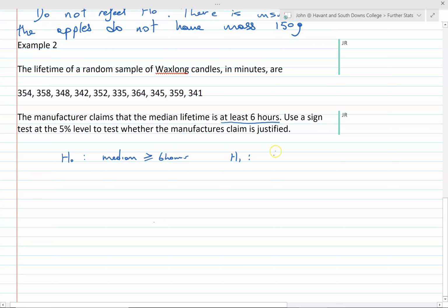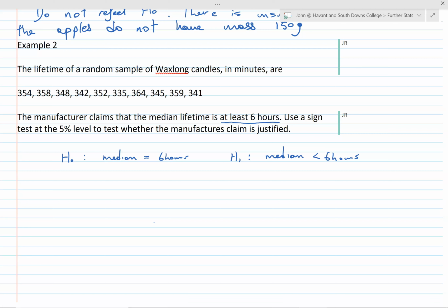You might be tempted to write this, but it would be wrong really. And therefore the alternative hypothesis is that the median would be less than 6 hours, because that's kind of what it says. However, we should never ever have an inequality for our null hypothesis, because we've got nothing to test against if we have an inequality.